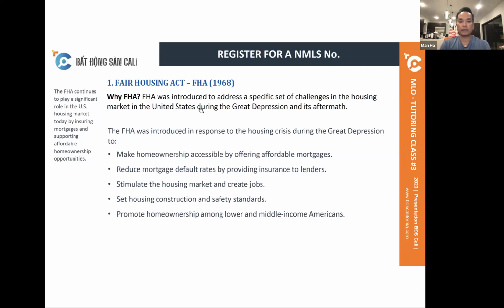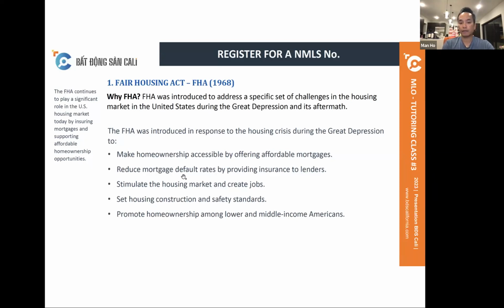So the FHA was introduced to address a specific set of challenges in the housing market in the U.S. during the Great Depression and its aftermath. The FHA was introduced in response to the housing crisis by making homeownership accessible by offering affordable mortgages. A good mortgage program, good loan program, good rate, and all that.